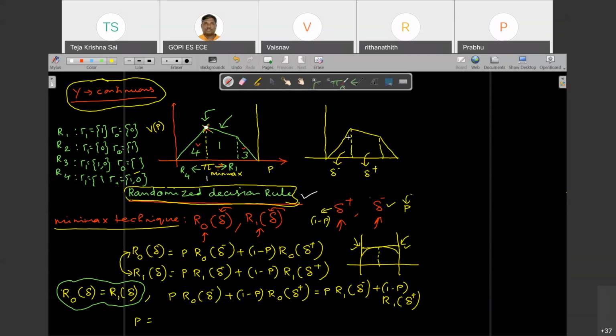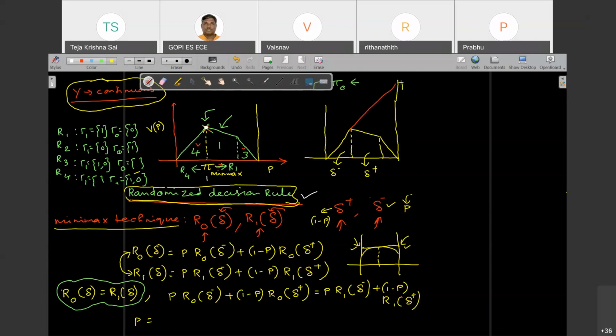As far as this delta minus is concerned, what you are actually doing is extending this line, same slope, you have to extend this, which cuts here, and this is the location.